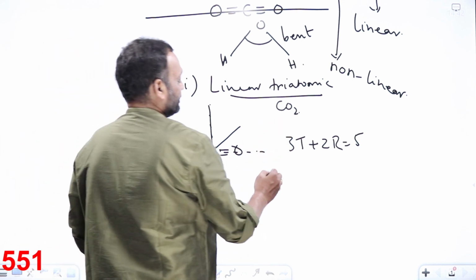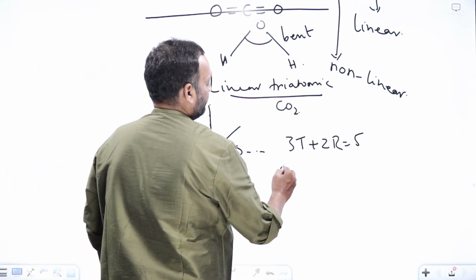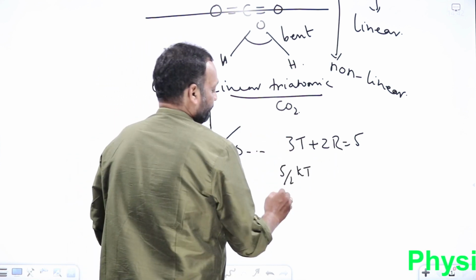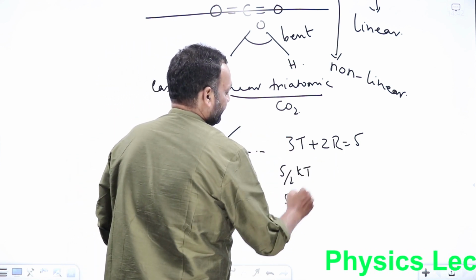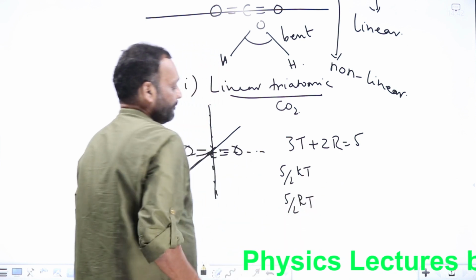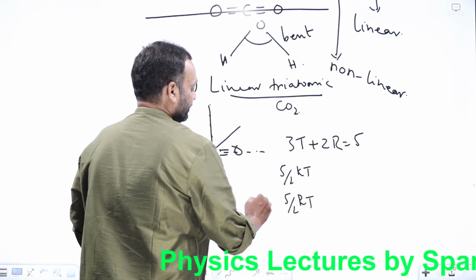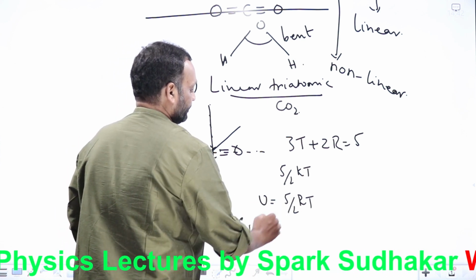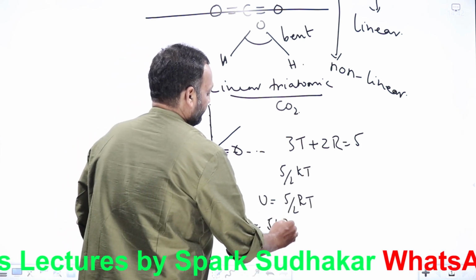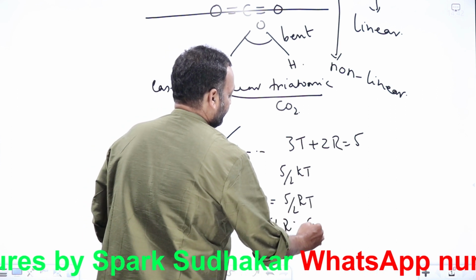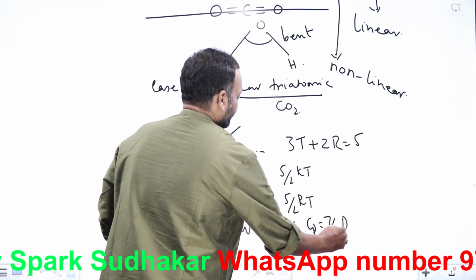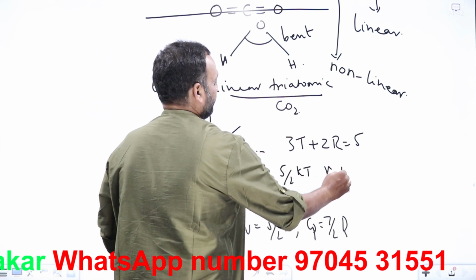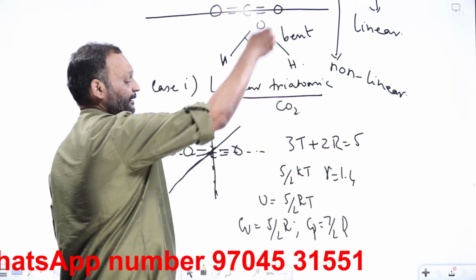So 5 degrees of freedom means the average energy per molecule will be equal to 5/2 kT. For 1 mole, it is N into k, which is nothing but R, so 5/2 RT. This is our internal energy U, and dU by dT is nothing but Cv. Cv equal to dU by dT is 5/2 R. When Cv is 5/2 R, Cp will be equal to 7/2 R. Cp by Cv equal to 7/5, gamma equal to 1.4, as we got in diatomic cases.